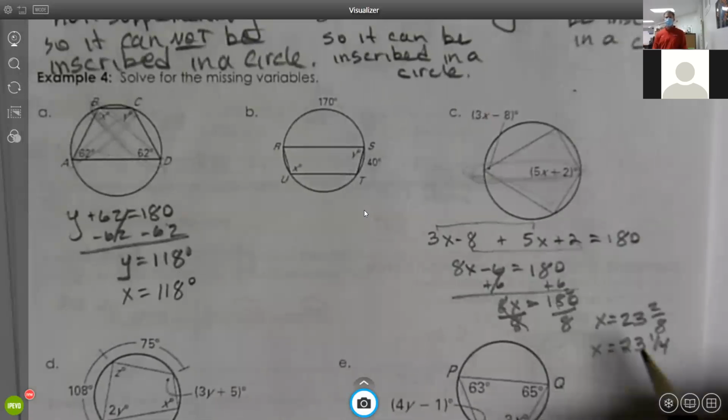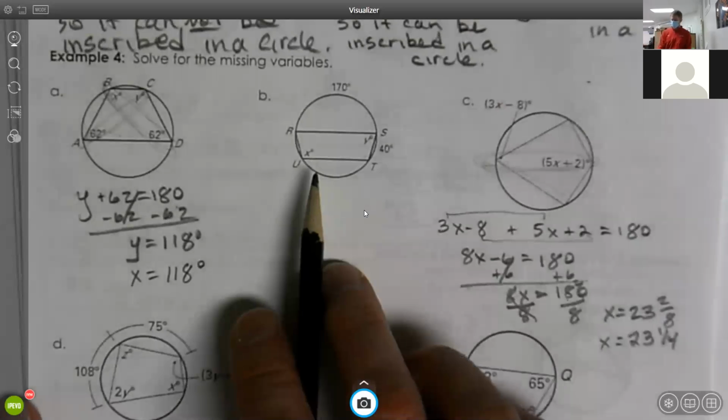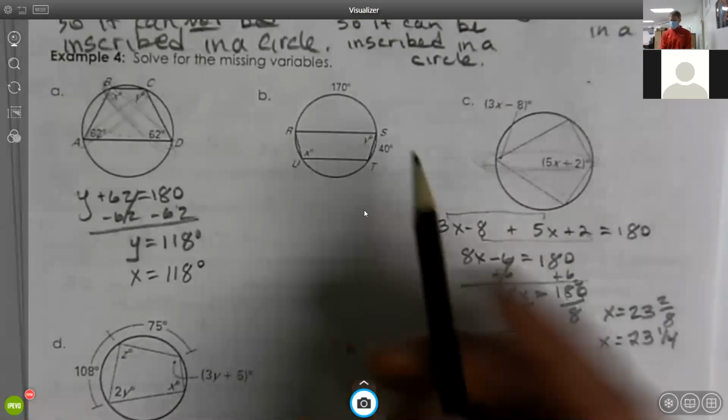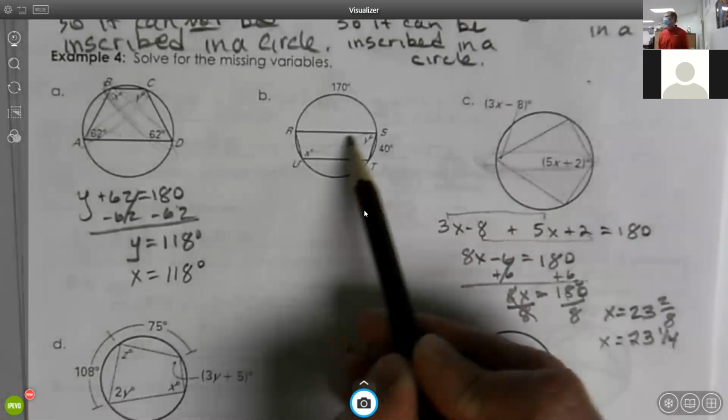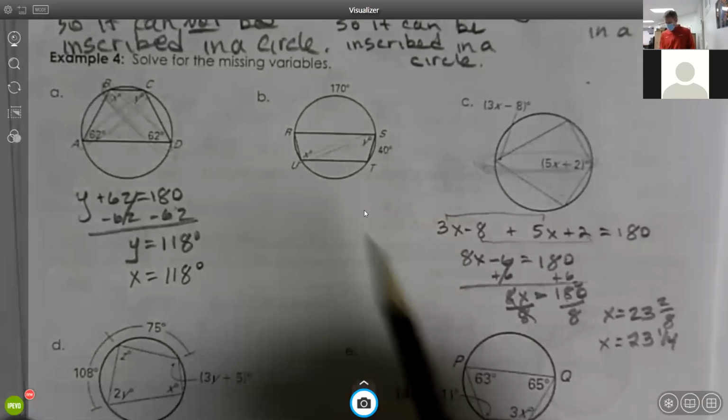Now we look at the very last one here. So this seems a little trickier because we can't just do opposite angles. Opposite angles are supposed to be supplementary, but I don't know what x is. I have 2 unknowns for those opposite angles. But let's take a look at what we actually know.